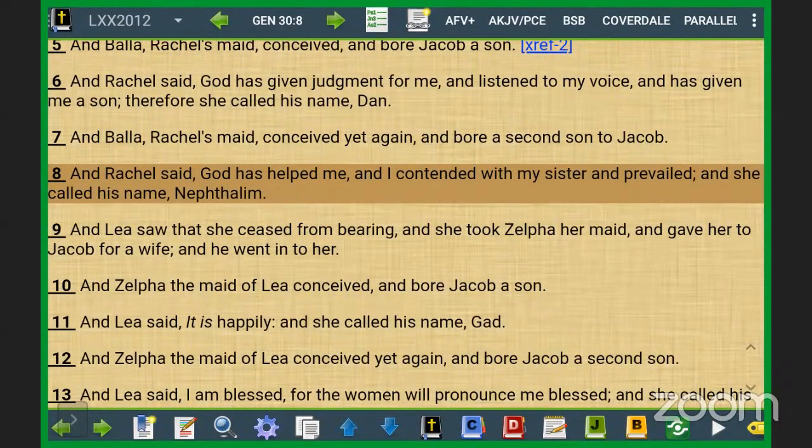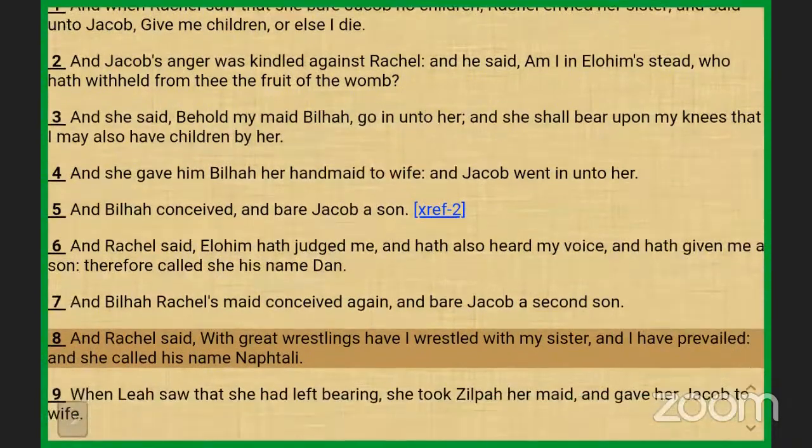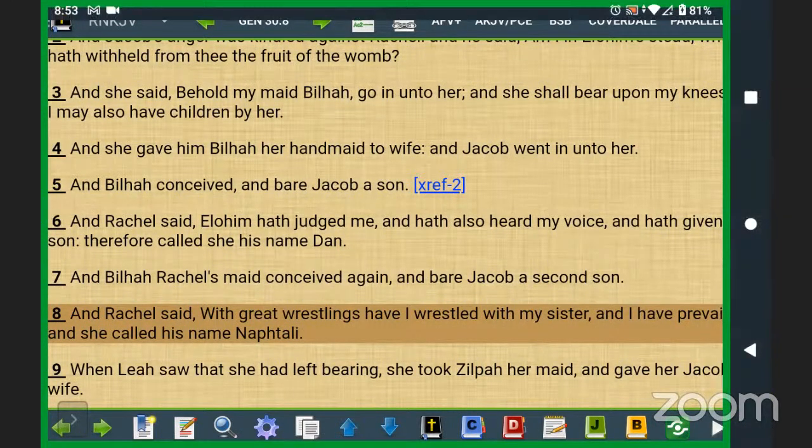That phrase is not in the Masoretic. It would just say, "And Rachel said, with great wrestlings I have wrestled with my sister, and I have prevailed. And she called his name Naphtali." So there's no mention of Yahuwah helping her or giving her this son. That's very strange to me.